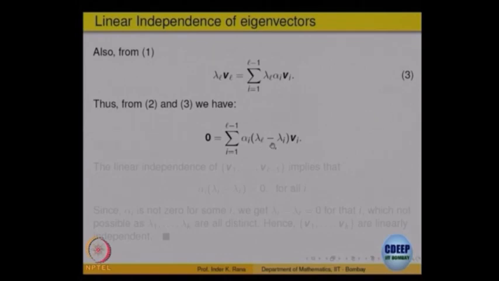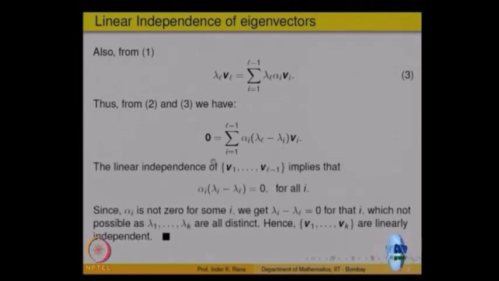That means for that particular i, lambda L minus lambda i must be equal to 0 if that product has to be 0. That means for that particular i, lambda L will be equal to lambda i, but that is not possible because they are distinct. So our assumption must be wrong.